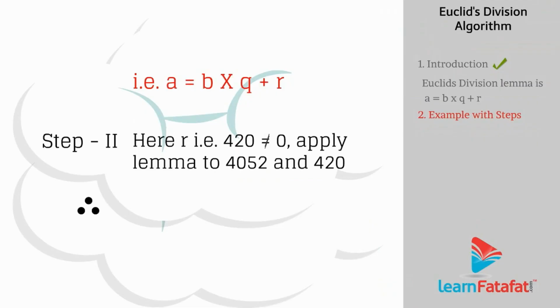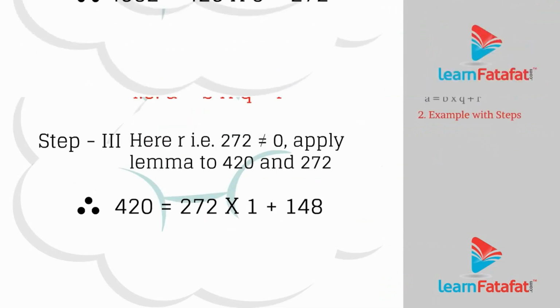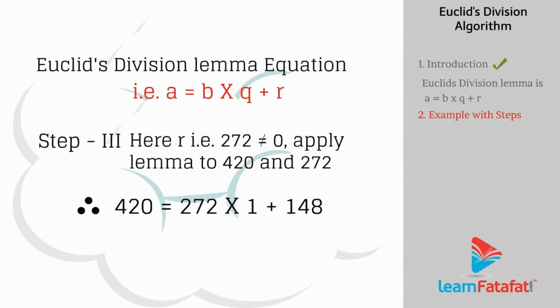Step 2. Here r, that is 420, is not equal to 0. Apply lemma division to 4052 and 420. Step 3. Here r, that is 272, is not equal to 0. Apply lemma division to 420 and 272.